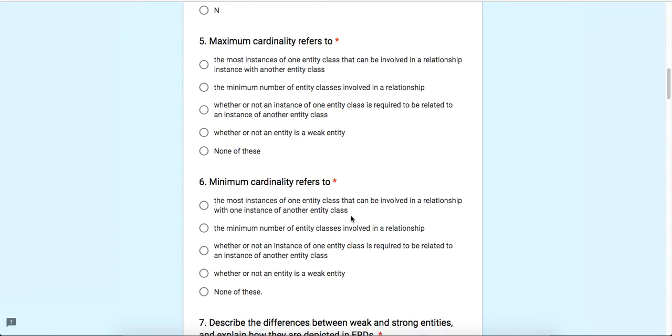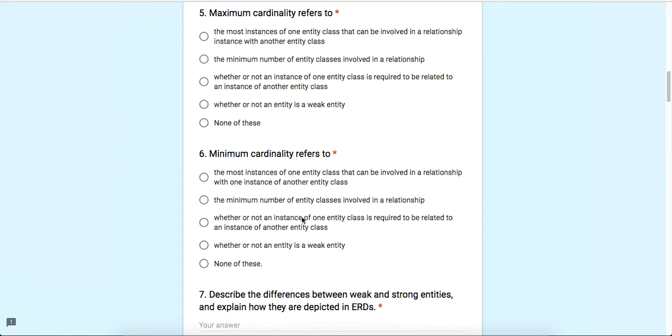And in looking at it, I can see why folks would have answered either B or C here. When we're talking about minimum cardinality, what I'm really interested in here is the degree of participation rather than the type of participation.